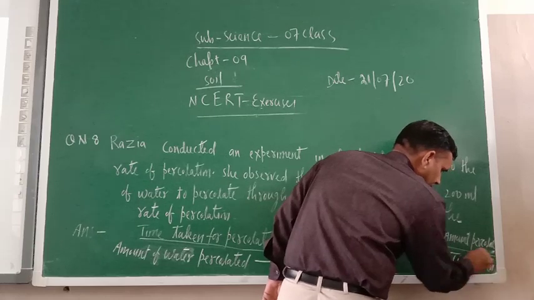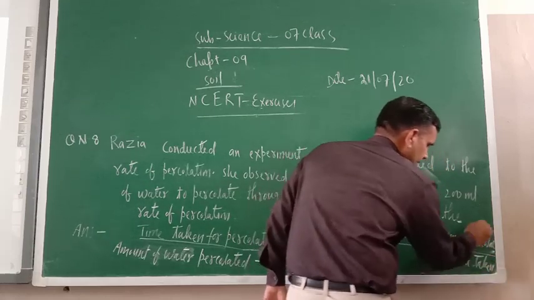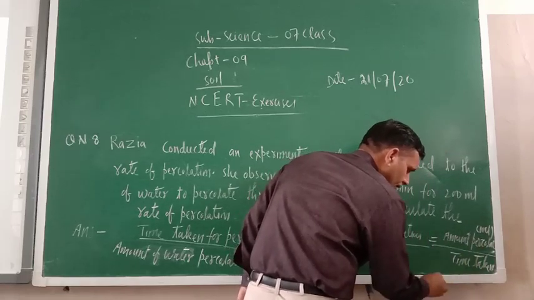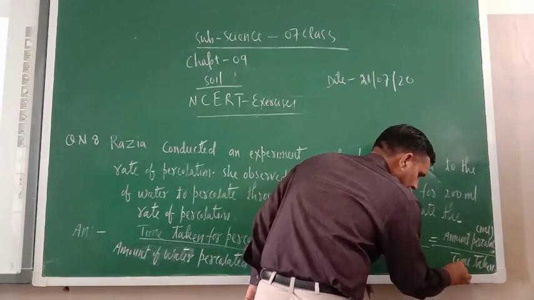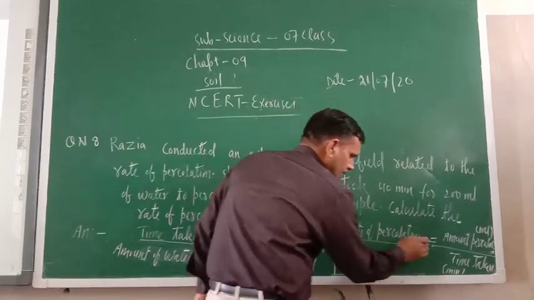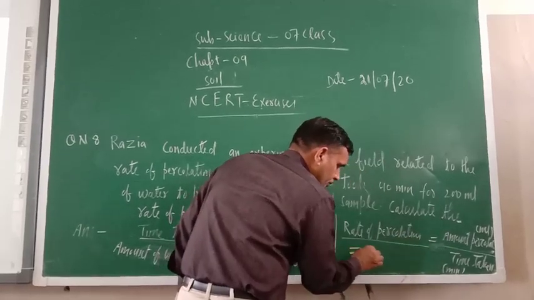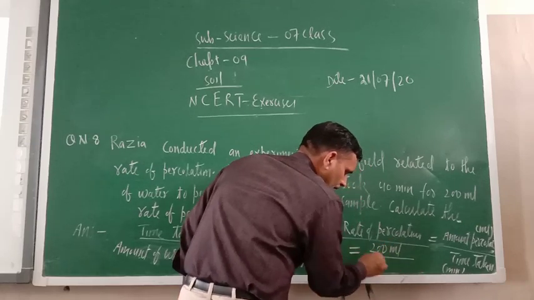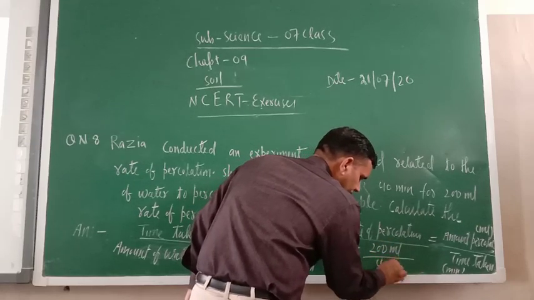This is the formula. Amount percolated in milliliter and time taken for percolation in minute. So just try to understand here, this is equal to amount 200 milliliter percolated in 40 minutes.